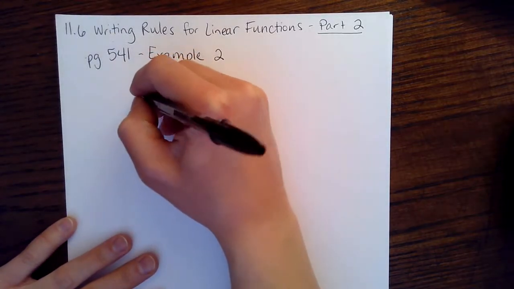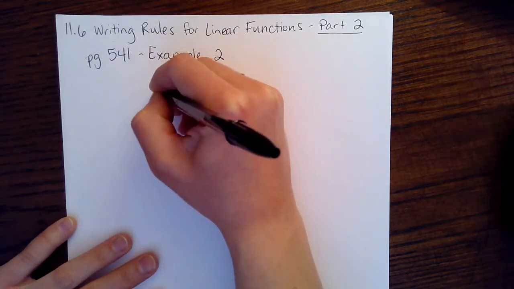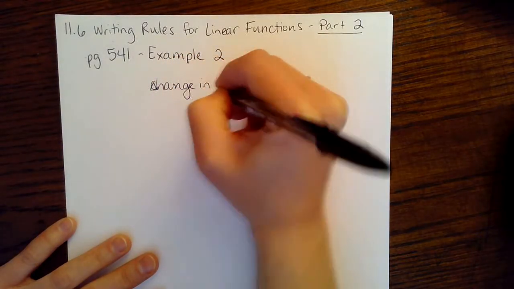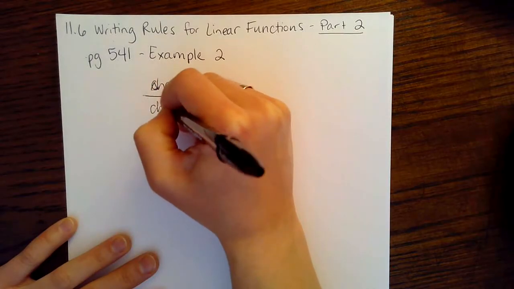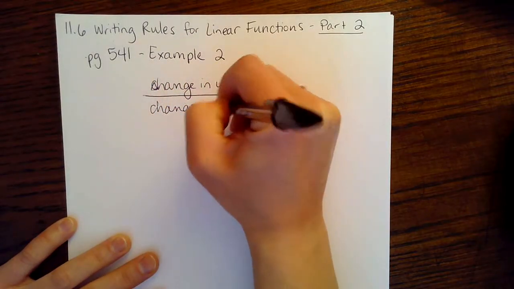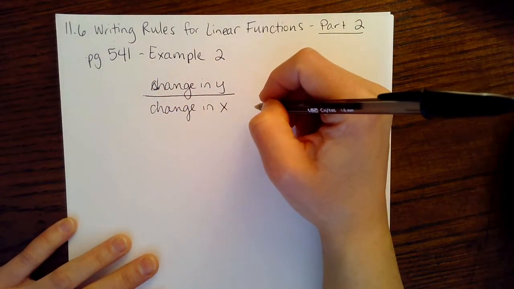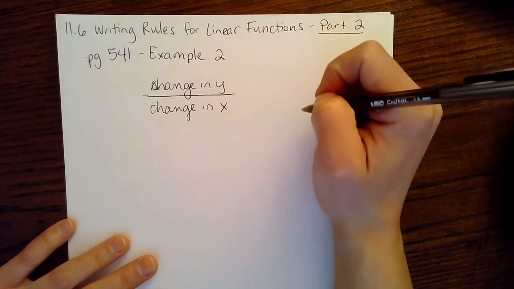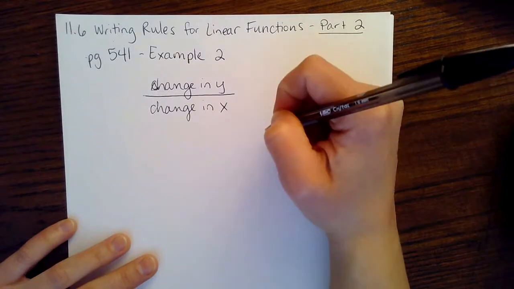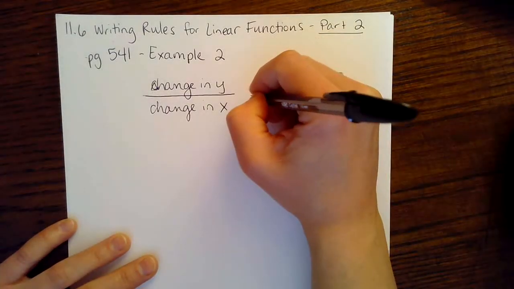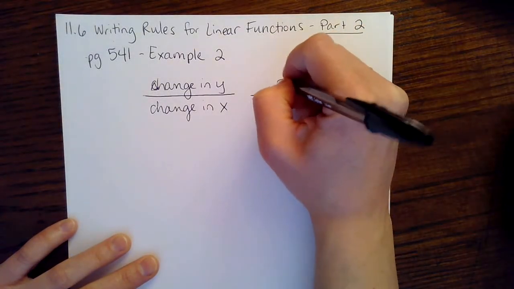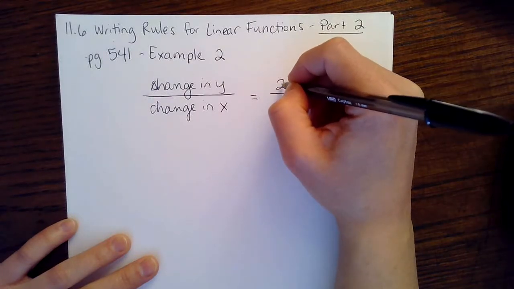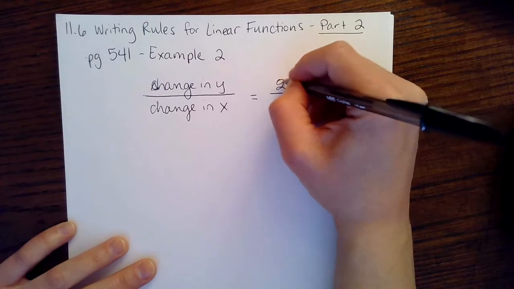And so we see that the change in y over change in x is the same no matter which points we look at. We could look at 0, 10 to 2, 7, or 2, 7 to 4, 4. We could actually look from 0, 10 to 4, 4. And the change in x is 2, and the change in y is -3.